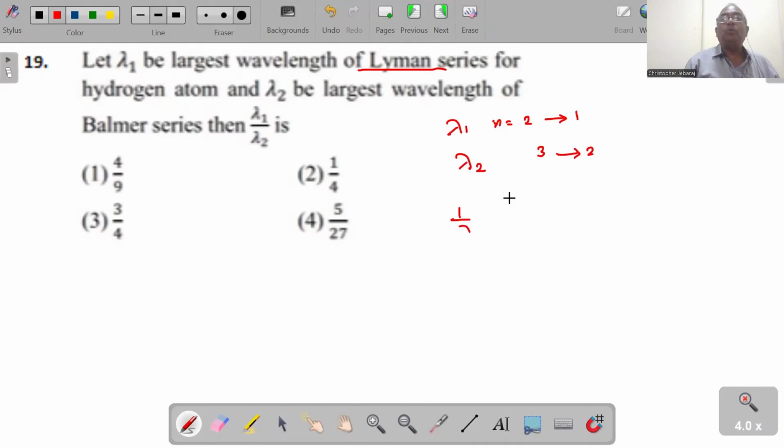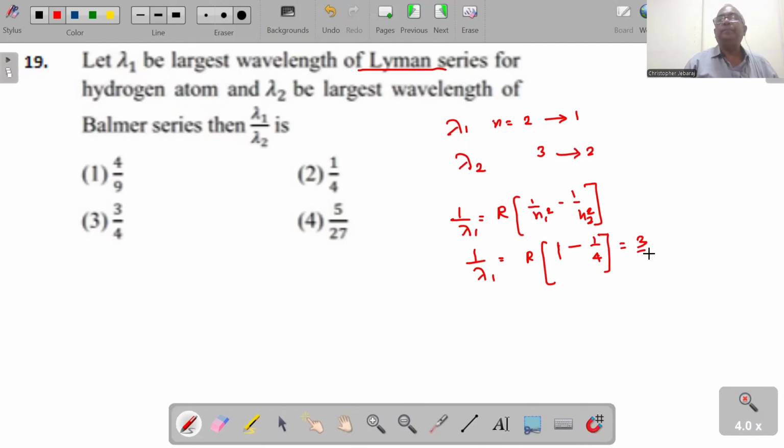1 by lambda equal to R into 1 by n1 squared minus 1 by n2 squared is the formula. 1 by lambda 1 equal to R into 1 by 1 squared minus 1 by 2 squared, 1 by 4, which is nothing but 3R by 4.